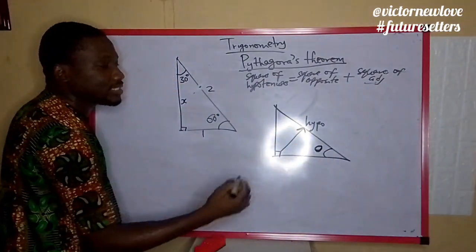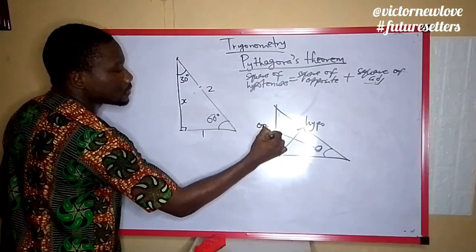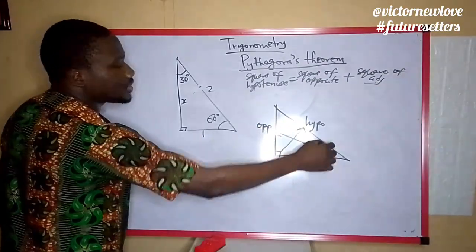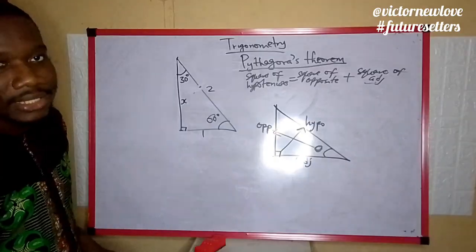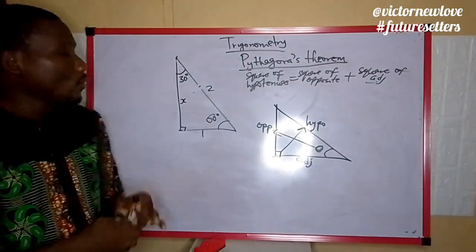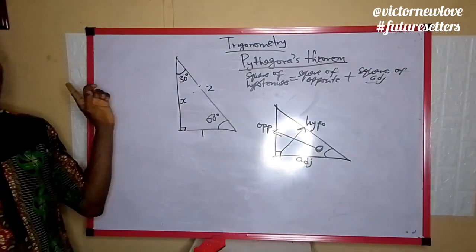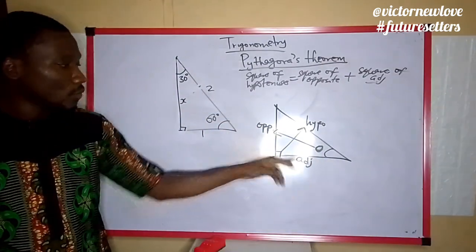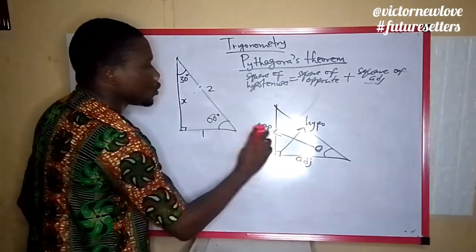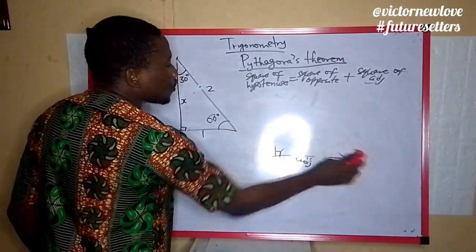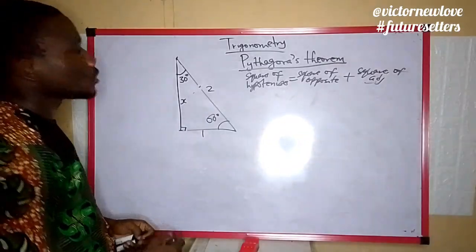The side facing theta is known as the opposite, while the side not facing theta is known as the adjacent. So the square of the hypotenuse is equal to the square of the opposite plus the square of the adjacent.